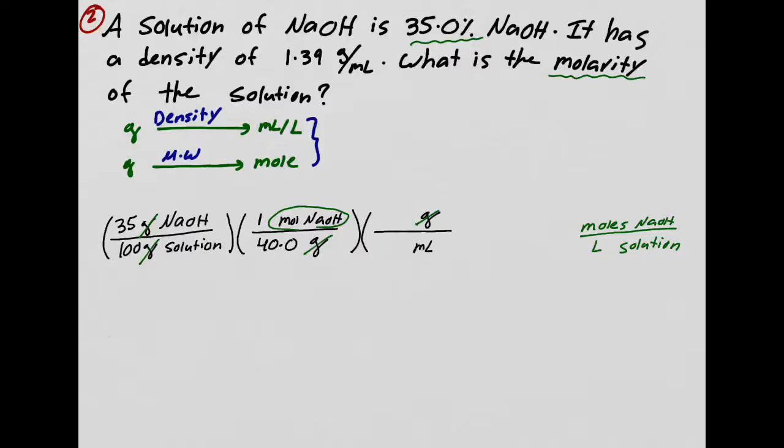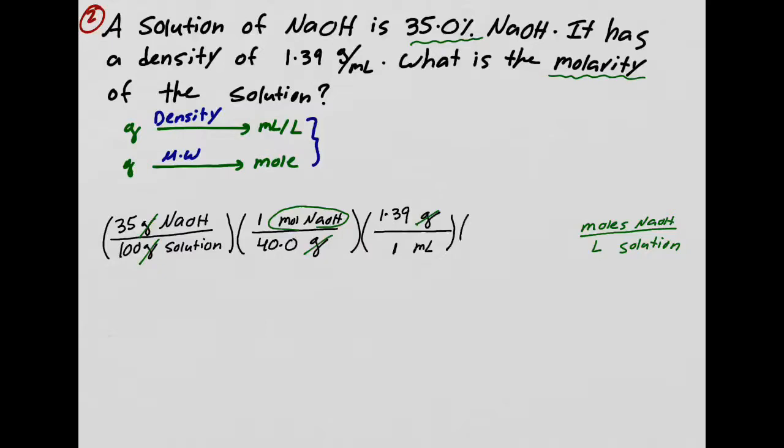And how do I go from gram to volume? I use density. Density is always for 1 milliliter. 1 milliliter is 1.39 grams. Okay, so I cancel that out. I end up with milliliters, which is what I want, except here, and this is milliliters of solution, right? We're canceling out solution. Except here, they ask you for liters.